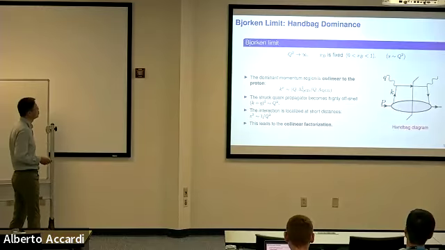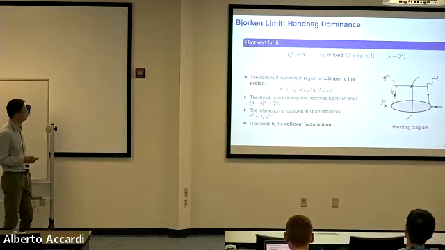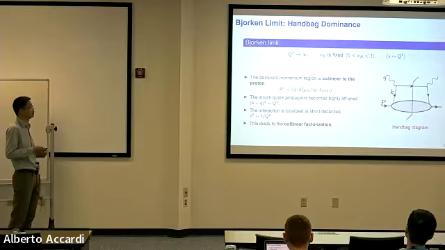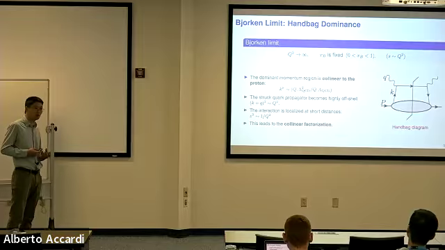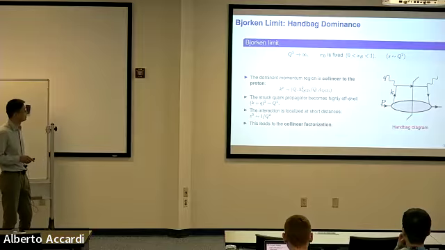There are two widely studied limits. This one is maybe more popular regarding the amount of activity in this region: the so-called Bjorken limit, when Q squared, the resolution scale, is very large. Typically when I say it goes to infinity, it means it's very large; it will never actually go to infinity.